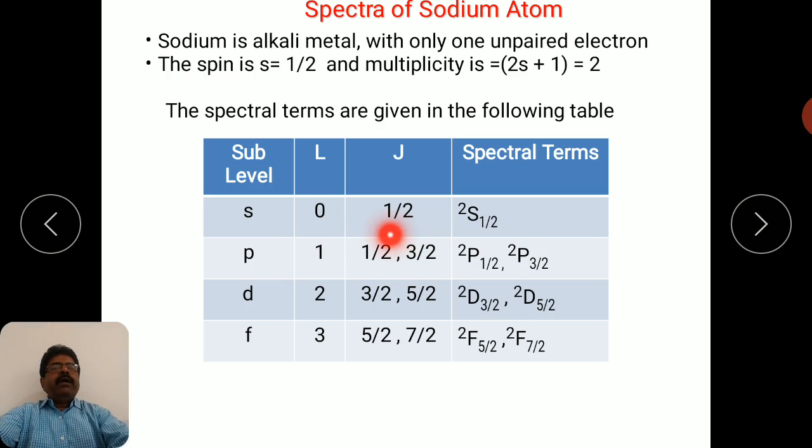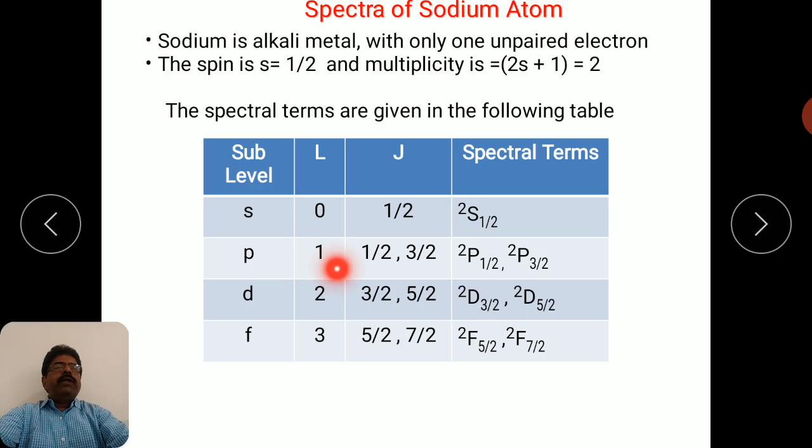Since L is equal to 0, we use capital S to represent the spectral term, and multiplicity is 2. So the spectral term is doublet S half, the first spectral term.